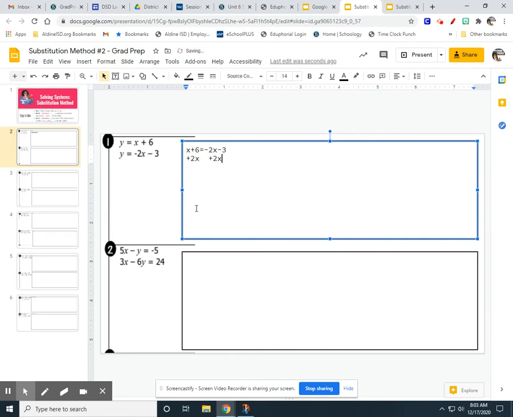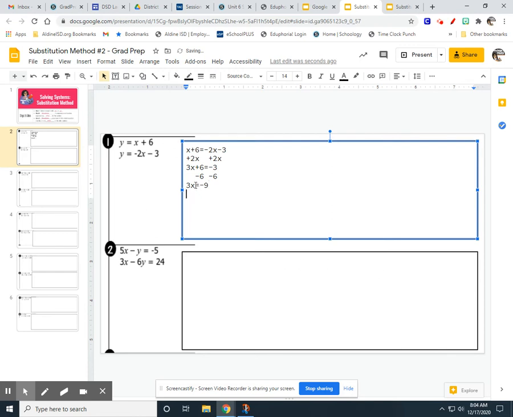This gives me 3x, because 1 plus 2 is 3, plus 6 equals, on the other side, those two x's cancel out, and I get minus 3. We'll move 6 to both sides by doing the opposite, which would be minus 6. 3x is equal to negative 9.